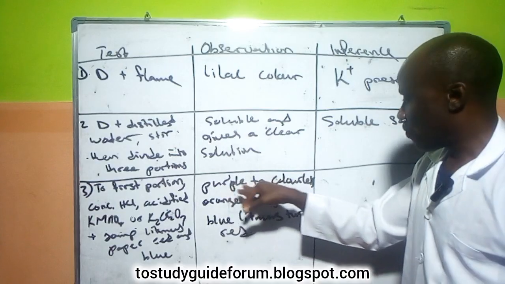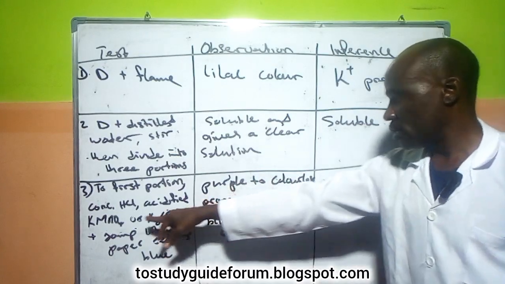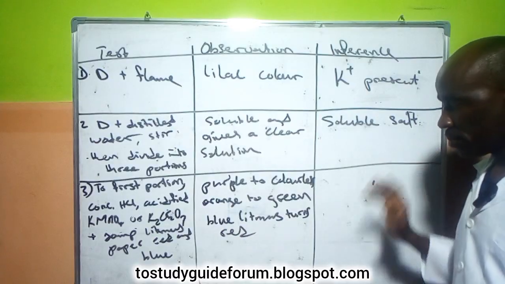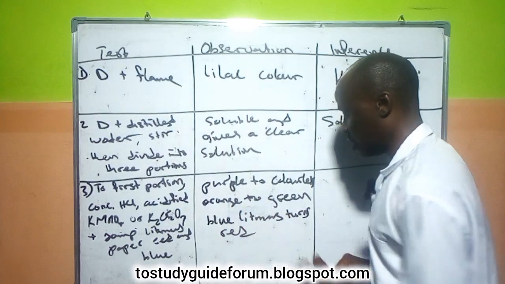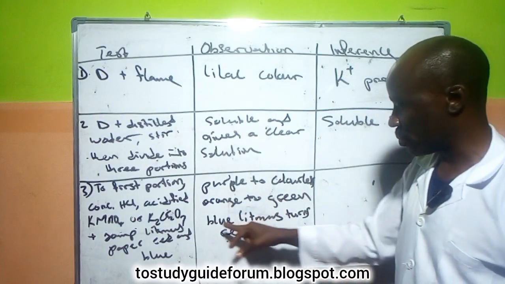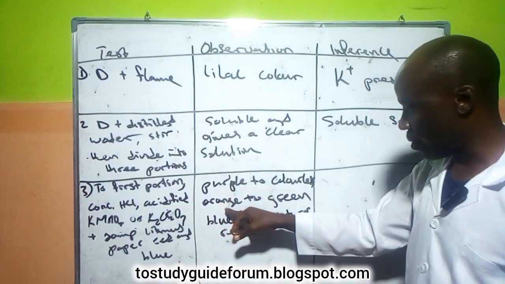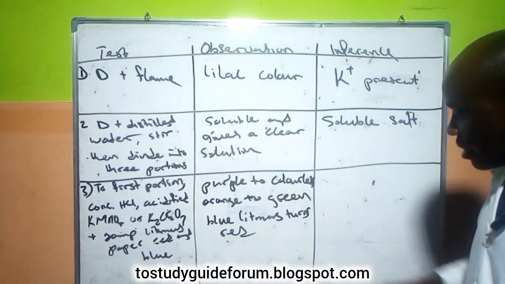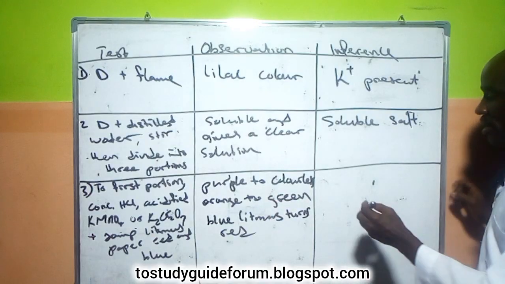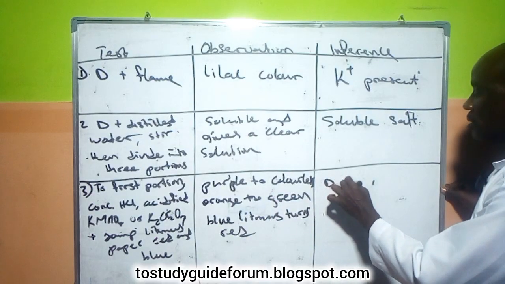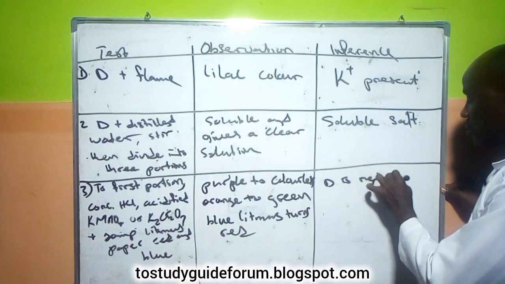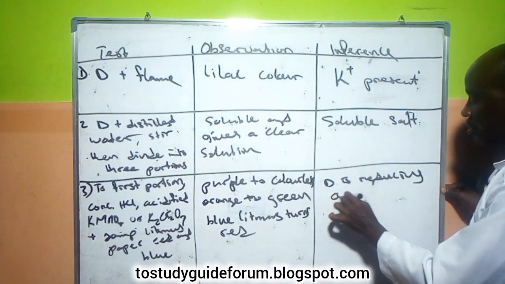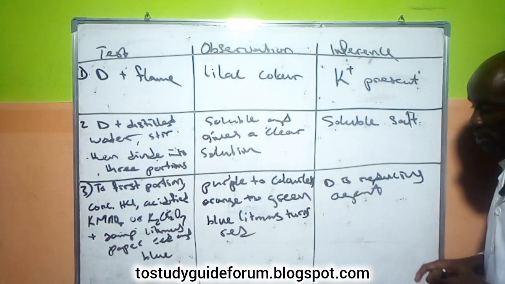So what we notice here: turning potassium permanganate from purple to colorless means it is a reducing agent. Reducing compound, reducing agents is what we have there. This other one also, turning from orange to green, we also have a reducing agent.